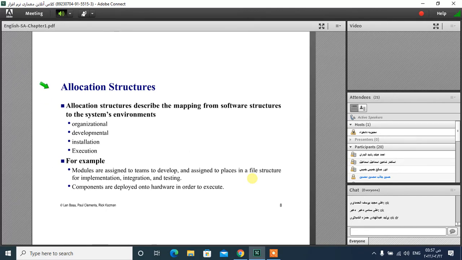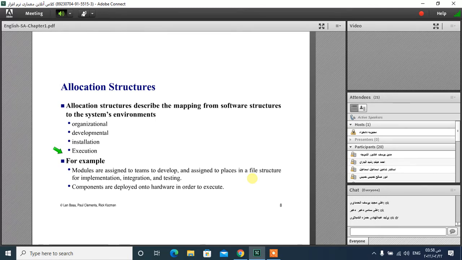The next category of structures, which are used to represent the software architecture, are allocation structures. Allocation structures are used to describe the mapping from software structures to the system's environment. For example, for mapping software structures to organizational elements or developmental elements, or installation elements or execution environment.